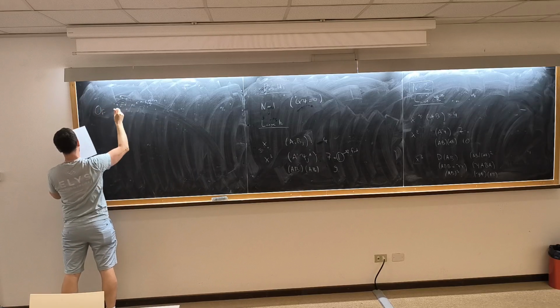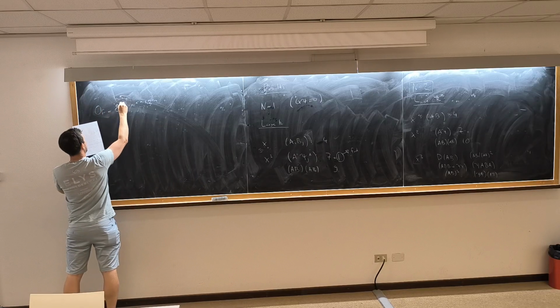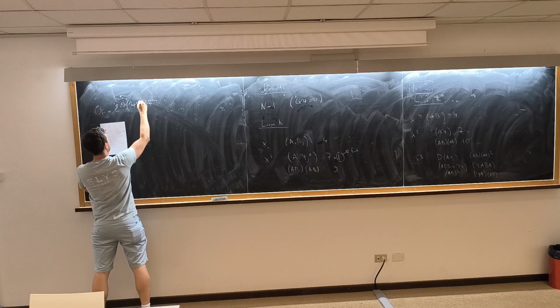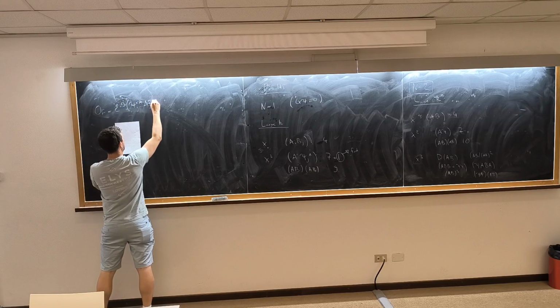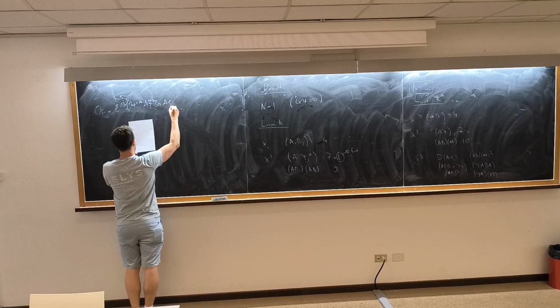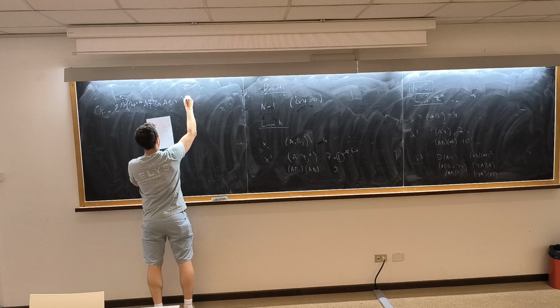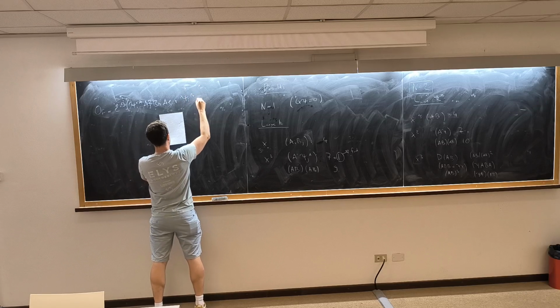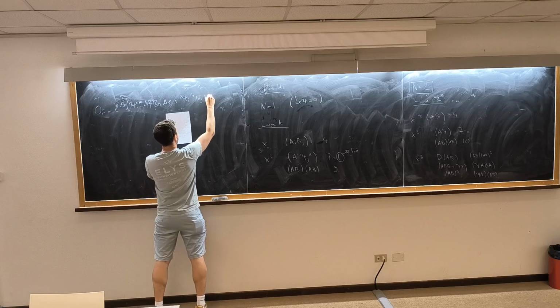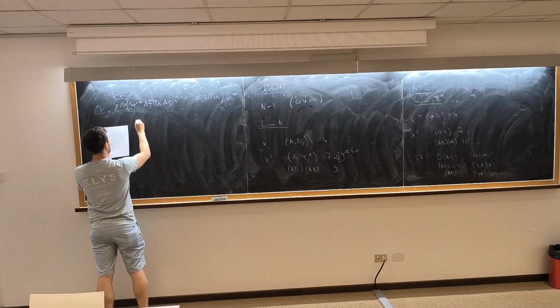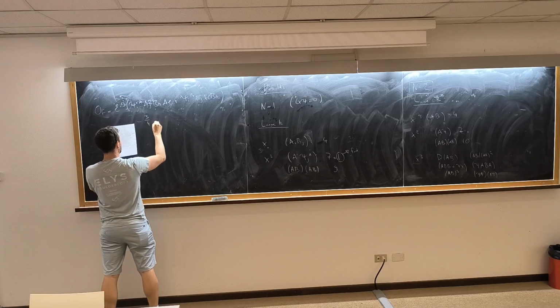So what are these 4 operators? And we constructed them explicitly. They're the following. So, ABJM. So that's the single trace term, plus there's a multi-trace term.